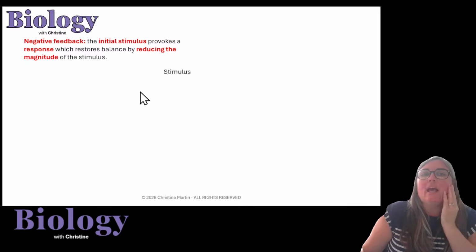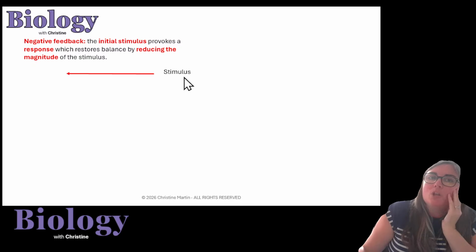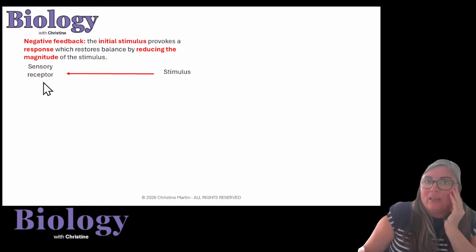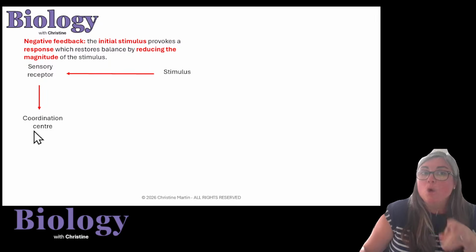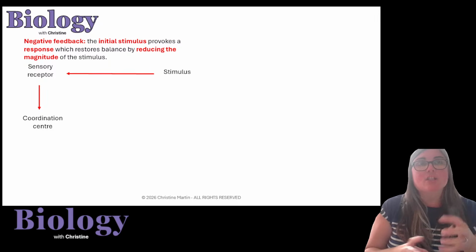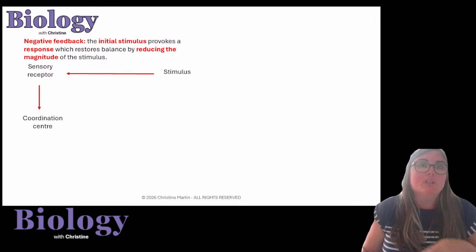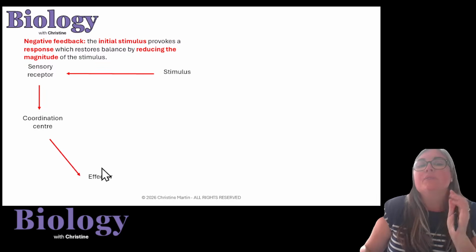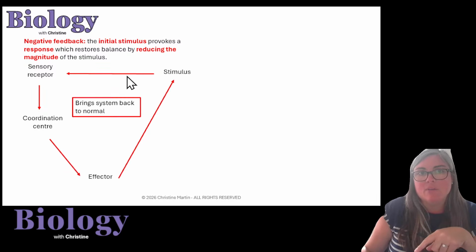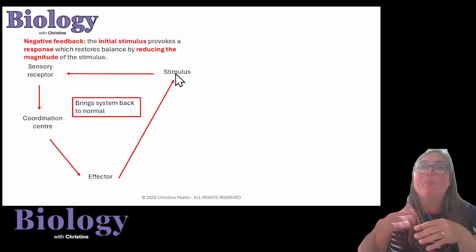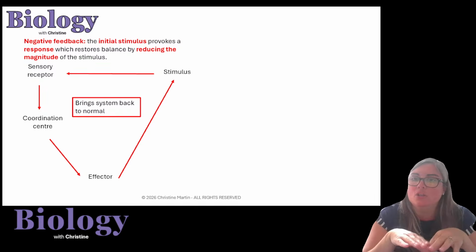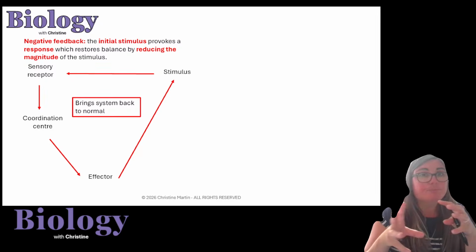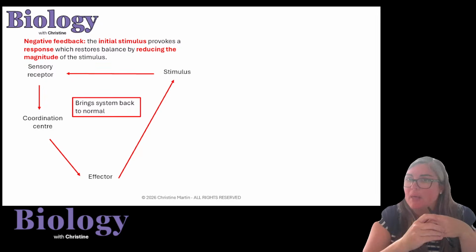If we're looking at negative feedback, we're talking about a stimulus which is being detected by those sensory receptors that we talked about earlier, then a coordination center coordinating what is going to be the response. The effectors are going to carry out that response, and it will bring us back to the normal. So we are reducing the magnitude of whatever the stimulus may be.